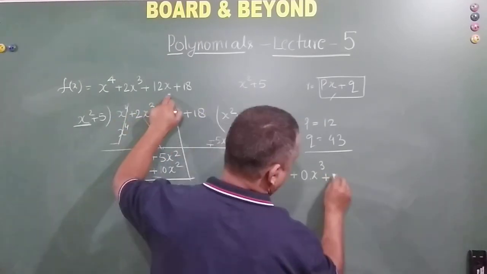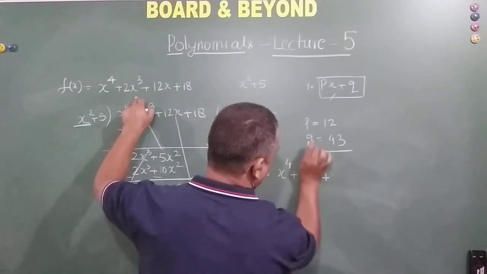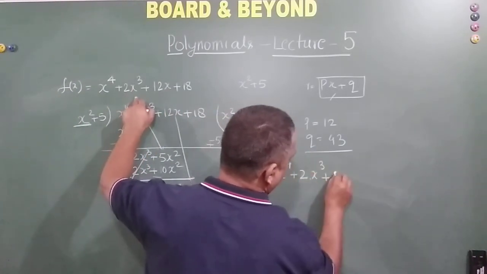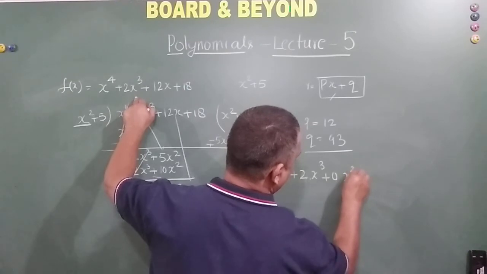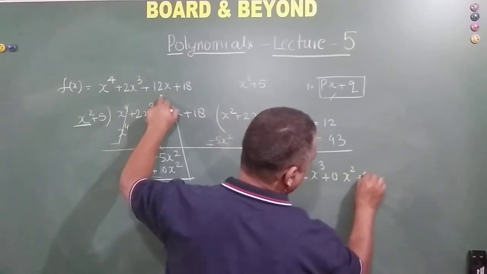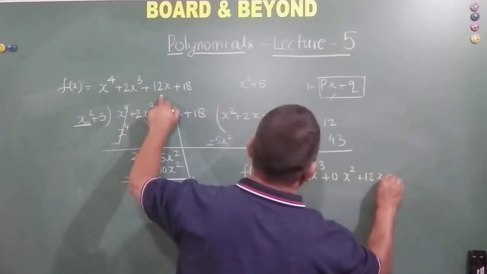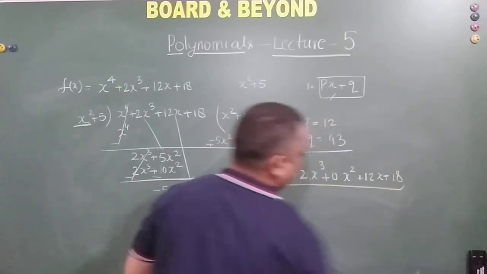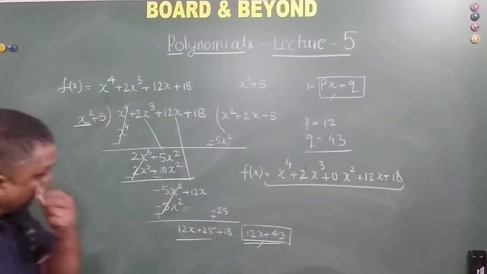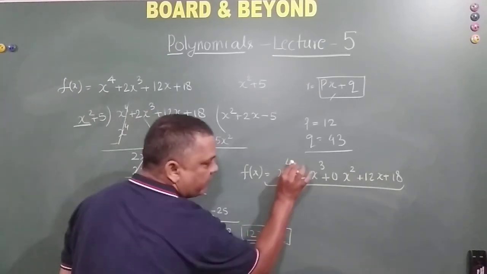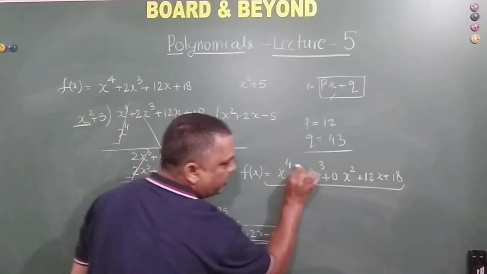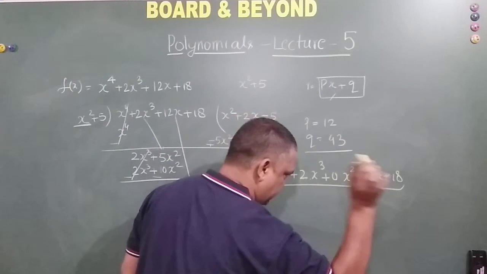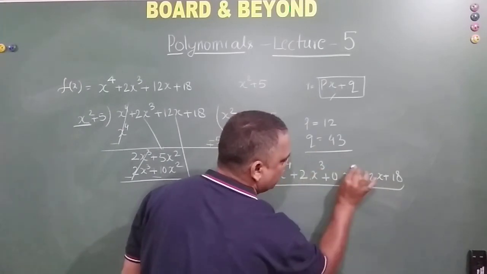Power 2 is missing, right? So x raised to power 3 is 2 only. Here, 0 into x square plus 12x plus 18. So whenever you are dividing, you must see that the power of the variable should be decreasing: 4, 3, 2, 1.